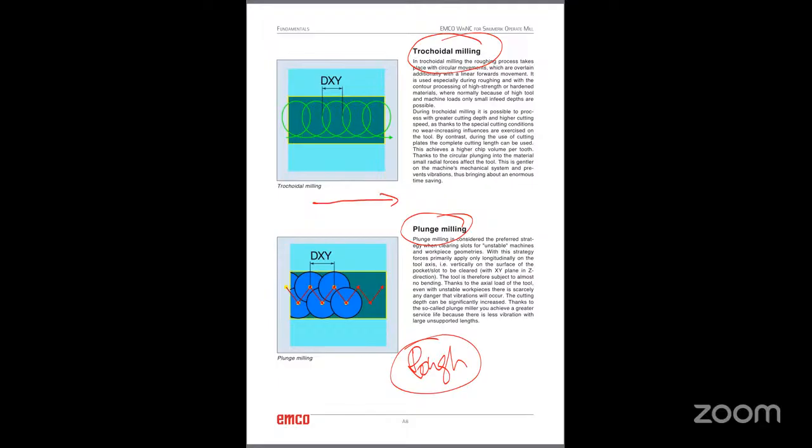Okay, so trochoidal milling means the tool will move like a small circle and also move linearly forward. This is an advanced strategy to remove a large amount of material during the initial phase. So the tool will move like a circle, then forward, again circle, forward, like that.